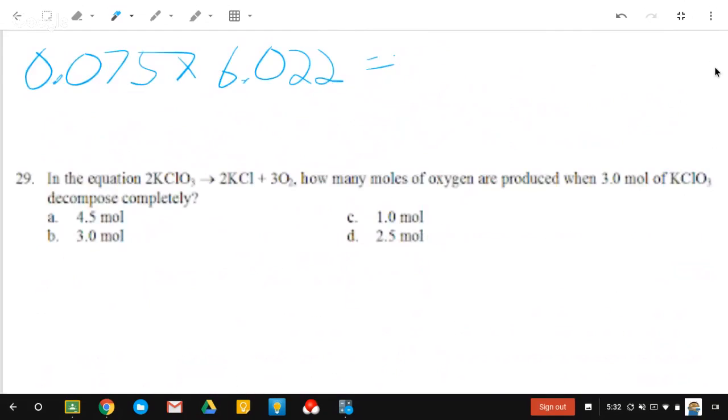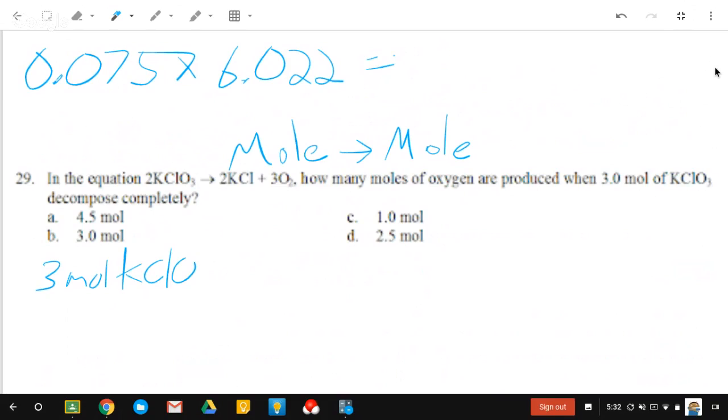All right, here's another one of those mole to mole problems. Like 29, this is a mole to mole problem. These are easy stoichiometry problems, which is why I put them on the final. So we got 3 moles of KClO3. We got to convert it to oxygen. They're asking for oxygen.